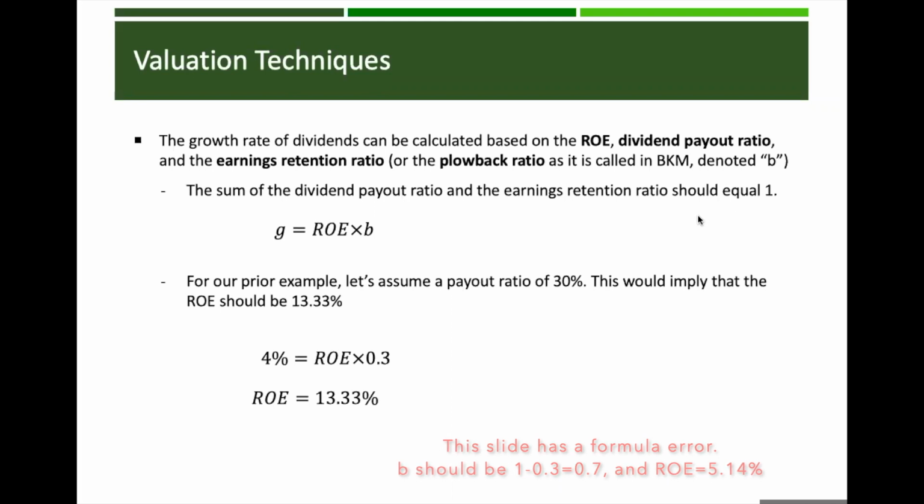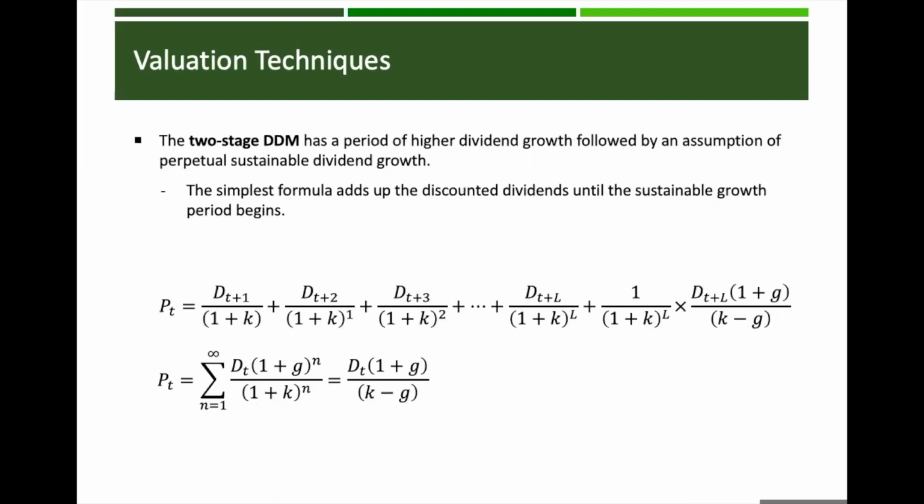So B is 1 minus the payout ratio. It would be 75%. Okay.